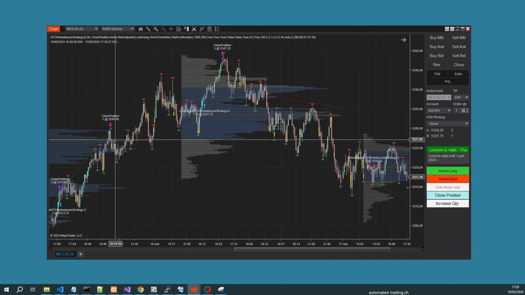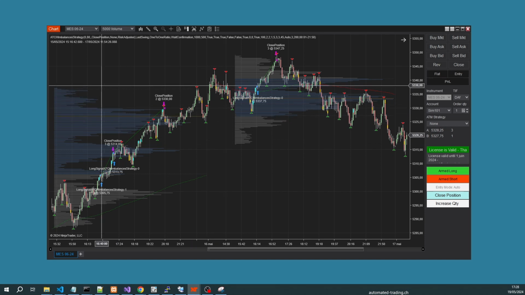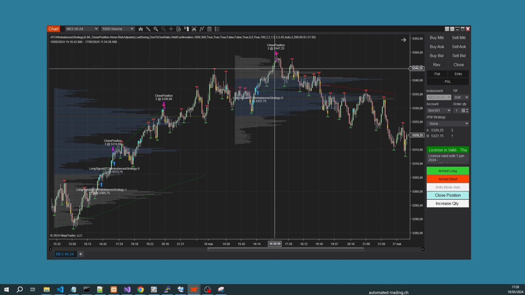And then the 16th, we started the day inside the value area, which is defined here. And then we went slightly above it, and we entered this trade that was profitable.